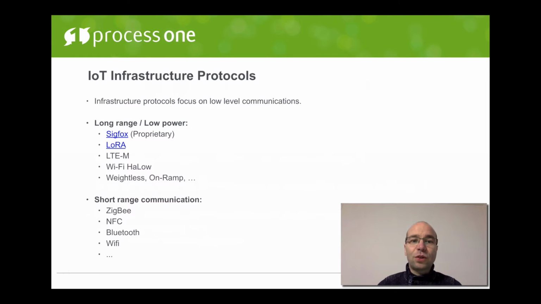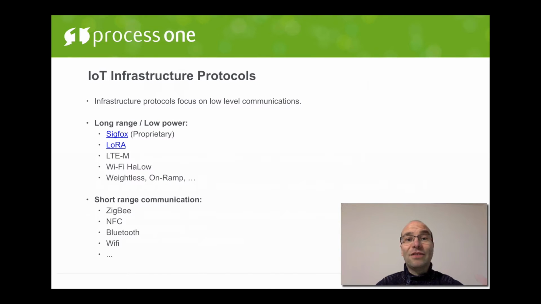Infrastructure protocols are mainly focused on low-level communication. For example, you have long-range, low-power protocols that are used to connect things over several kilometers. This is the type of protocol you can find with Sigfox, a proprietary protocol built by a company called Sigfox, aimed at covering large-scale territories and connecting things with their protocol.